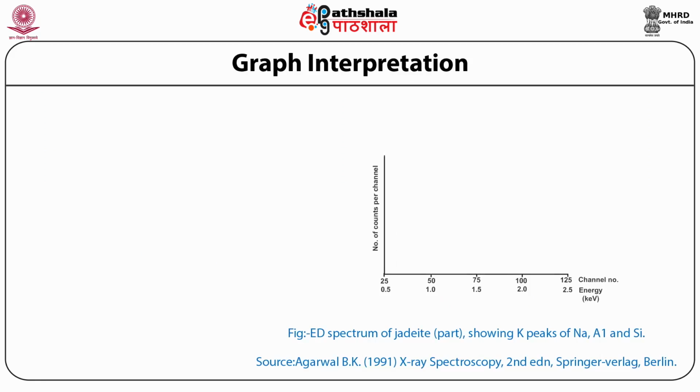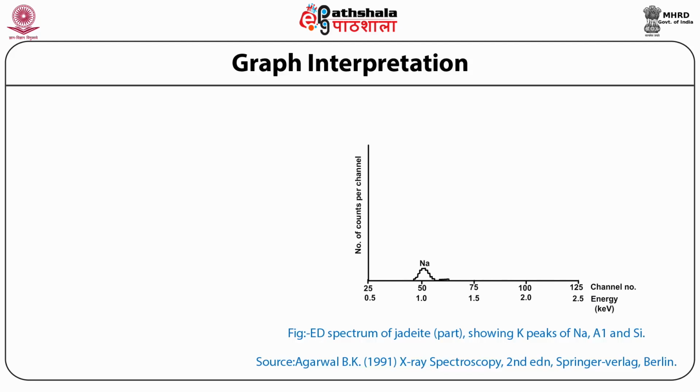The interpretation of a graph obtained in EDX analysis. A graph of an energy dispersive spectrum of zeolite showing the K peaks of sodium, aluminum and silicon. Let us interpret this graph by taking an example. This graph is an EDS spectrum of zeolite showing peaks of potassium, silicon, aluminum.